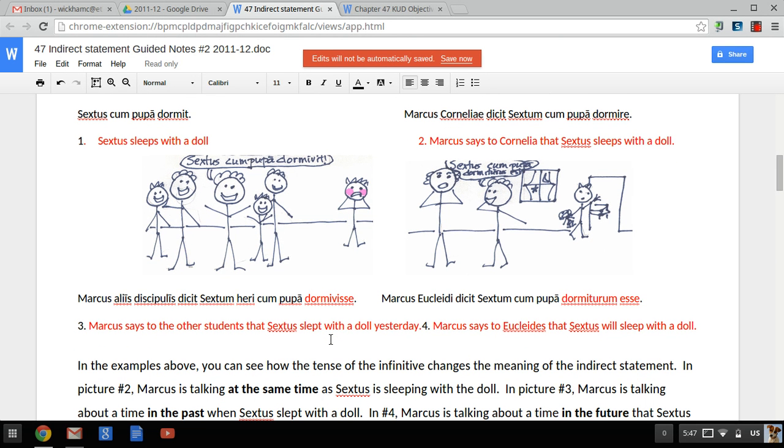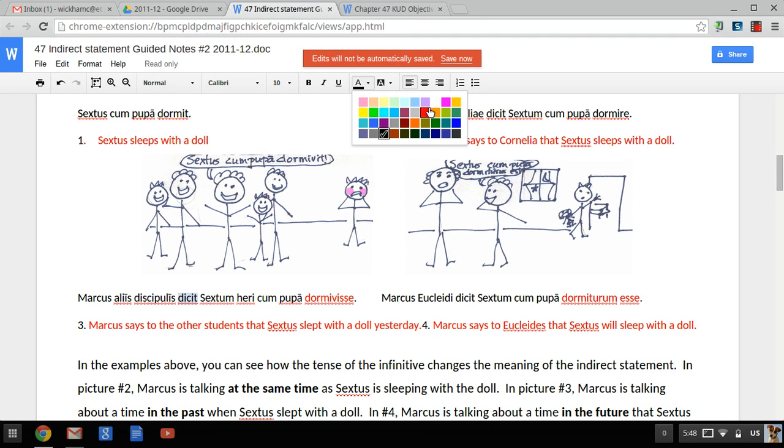Now, you may be wondering, what happens if you change the tense of the head verb? Well, it changes the tense of the indirect statement just so that it matches the tense of the head verb, right? So if Marcus told other students that Sextus slept with a doll yesterday, you can kind of imagine how the sentence might change.